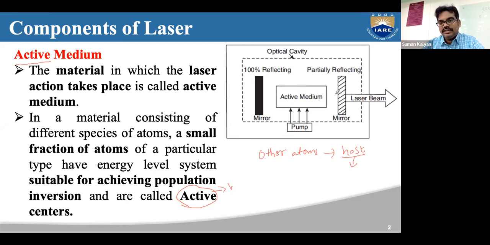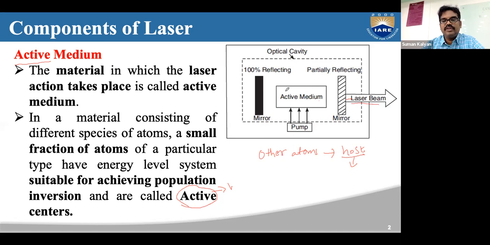Once we have done this, photons will be produced or emitted, and these emitted photons will move back and forth between these mirrors. This is a 100% reflecting mirror, whereas this is a partially reflecting mirror, and from this partially reflecting mirror we'll get a laser beam.